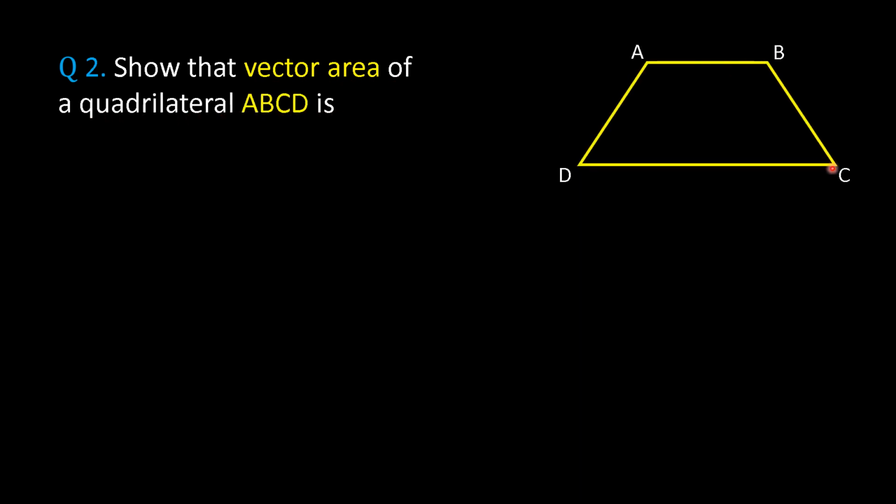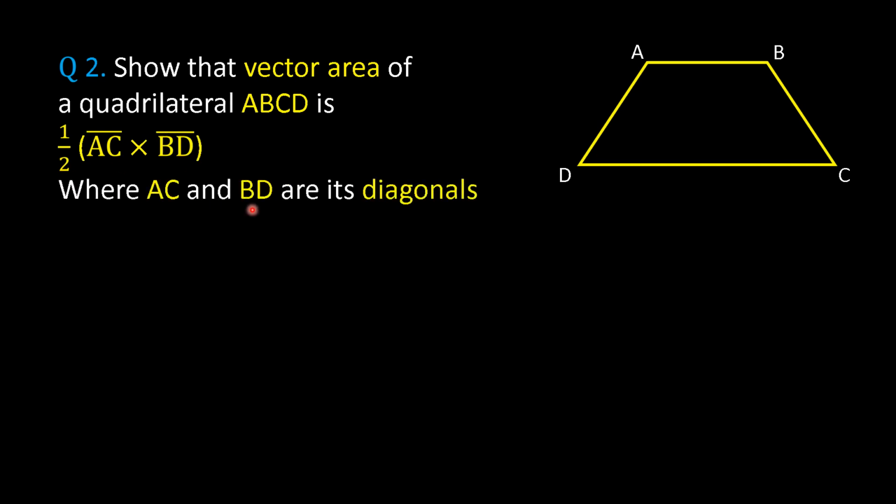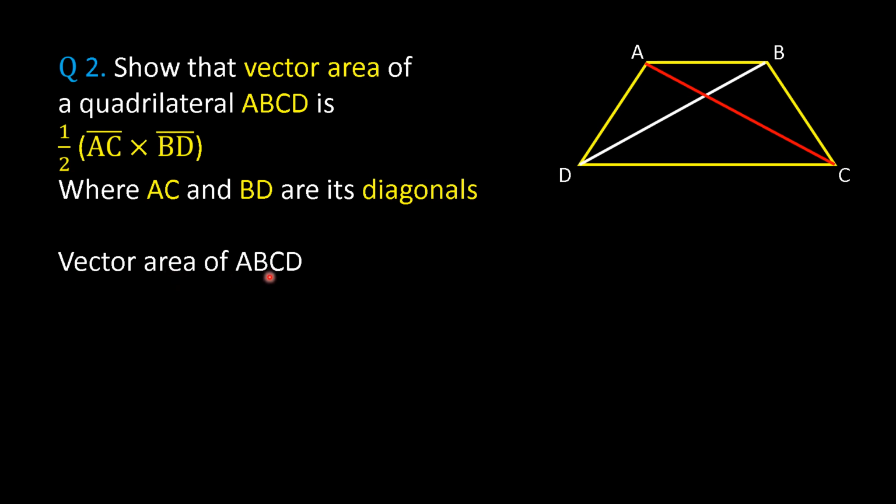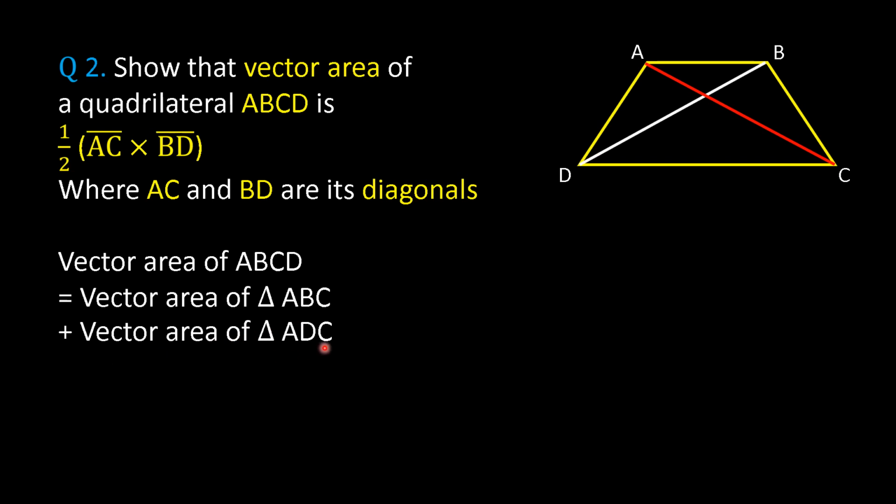In the second question, we have to show that vector area of a quadrilateral ABCD, this is quadrilateral ABCD, is half times AC bar cross BD bar, where AC and BD are its diagonals. We know that vector area of quadrilateral ABCD is vector area of triangle ABC plus vector area of triangle ADC.